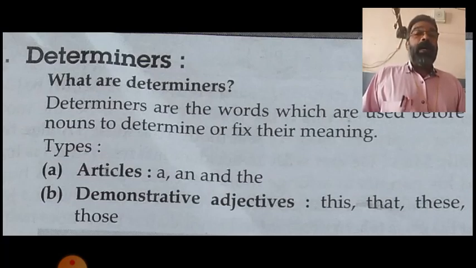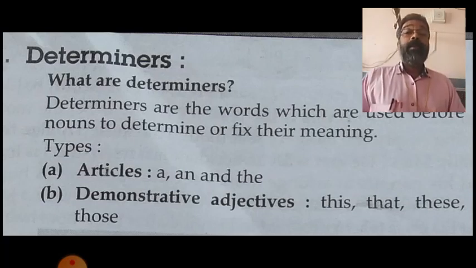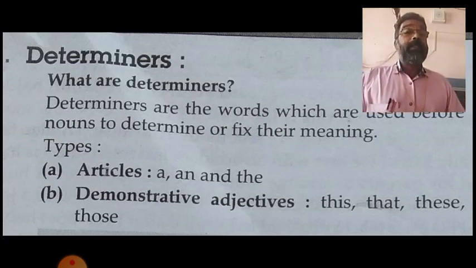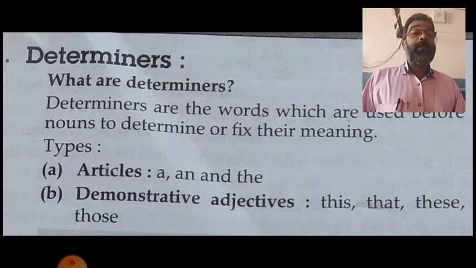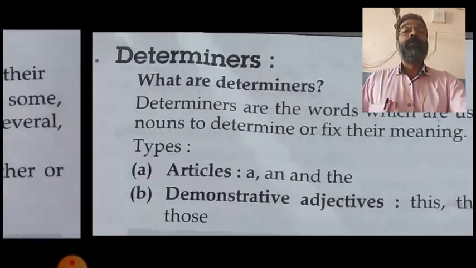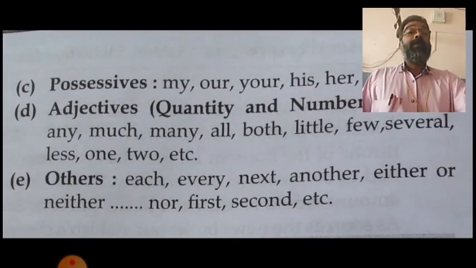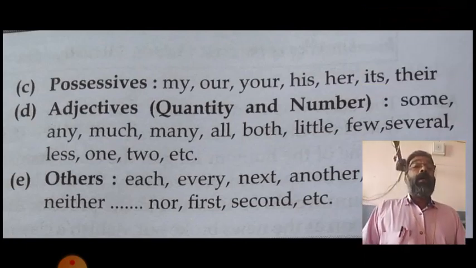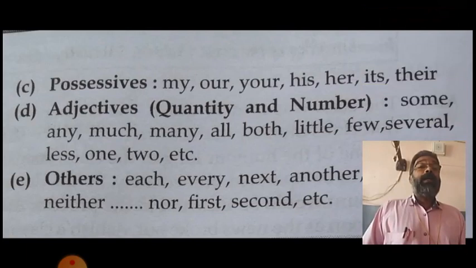Articles. Articles are determiners: a and the. Demonstrative adjectives: this, that, these, those. Possessives: my, our, your, his, her, its, their.